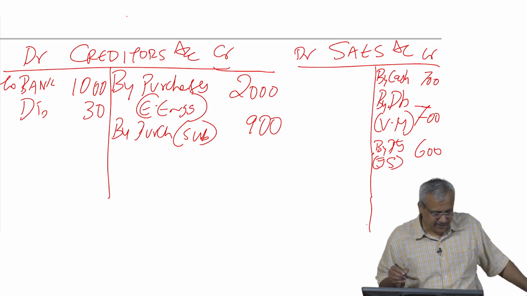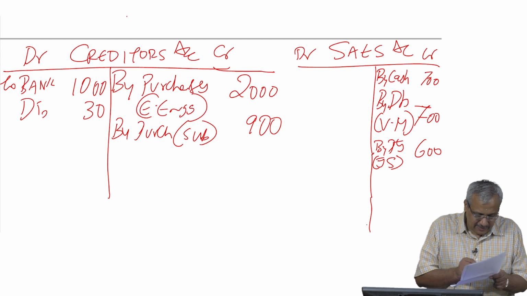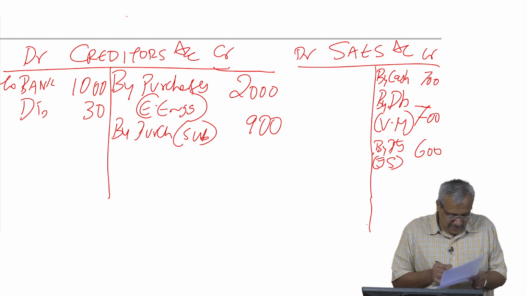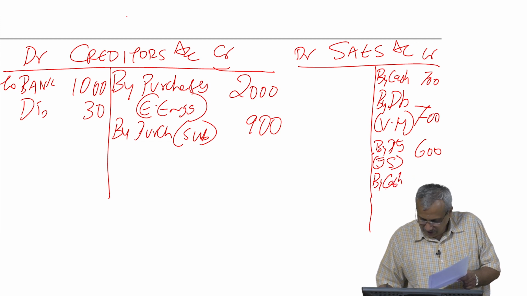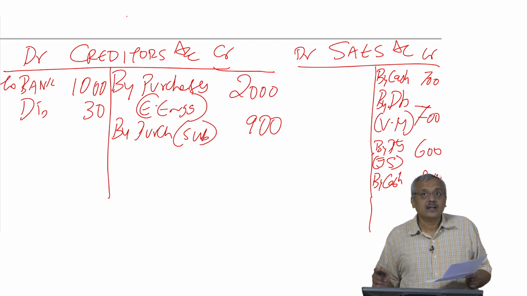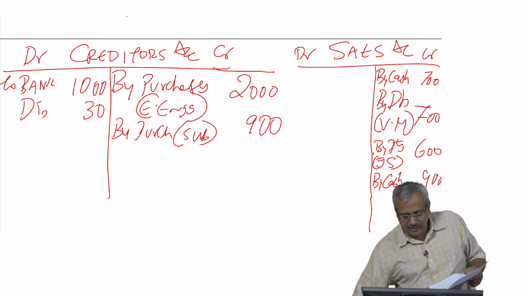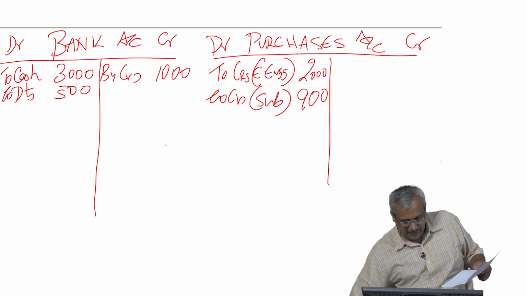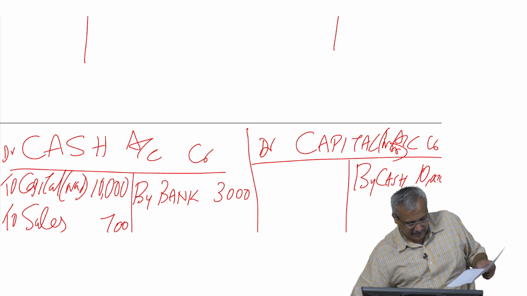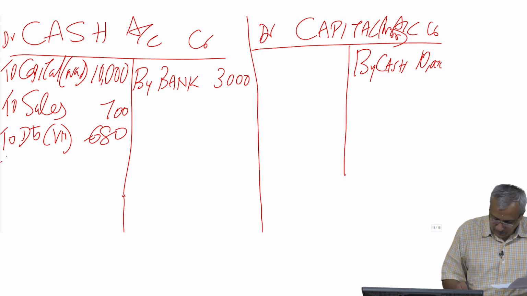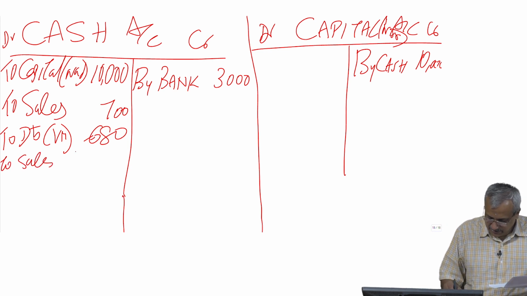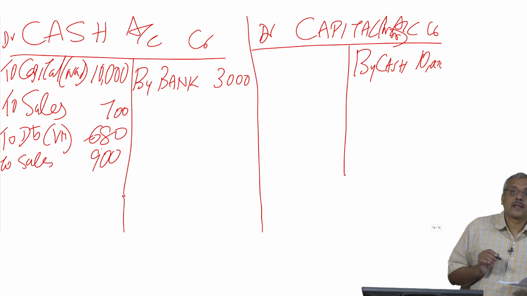In this case, cash account debited to sales, so the sales account has been credited by cash, that is sales to Pataudi of 900. The other account getting affected is the cash account, debited to sales, 900.